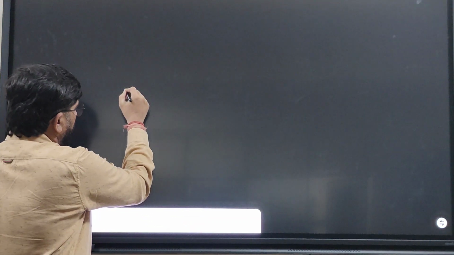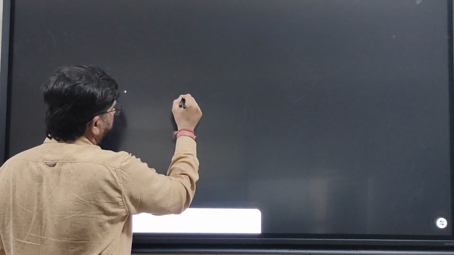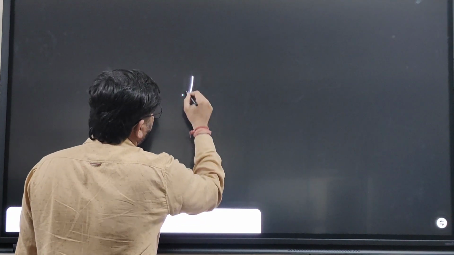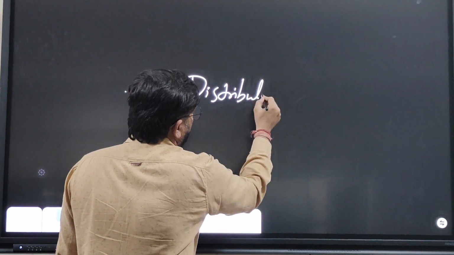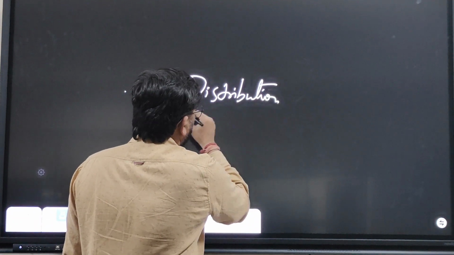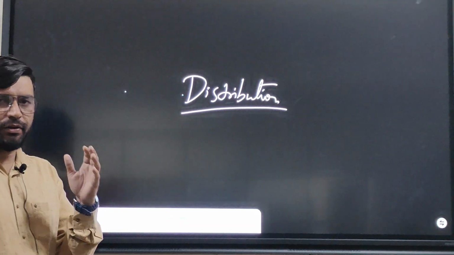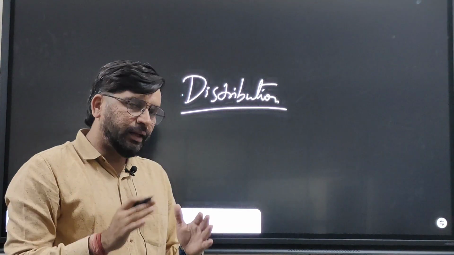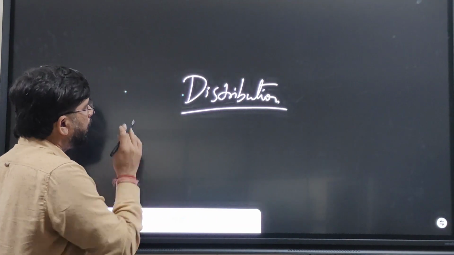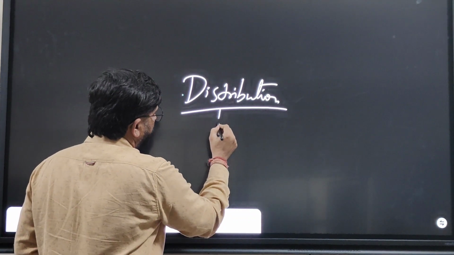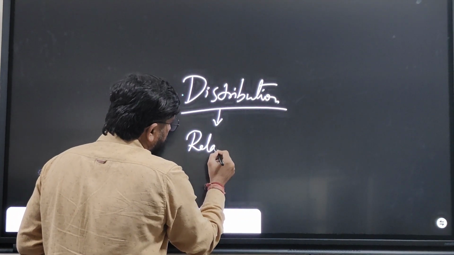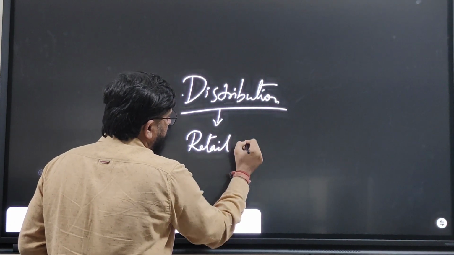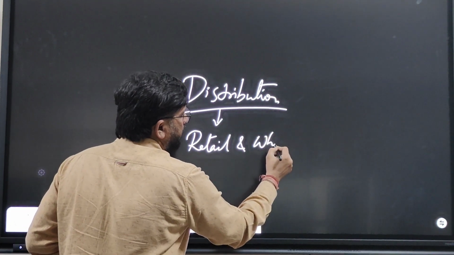Next, after production and processing comes distribution. Once you manufacture food, once you process food, the next important step is distribution, where you are sending your food to the retail and wholesale market.